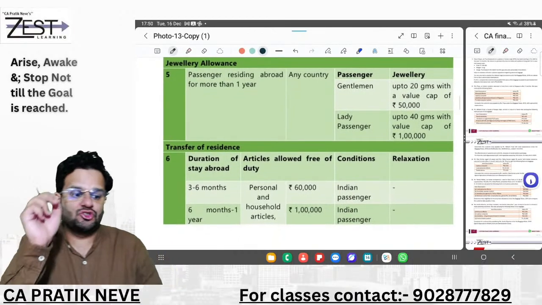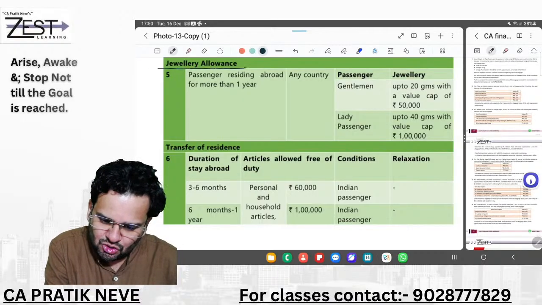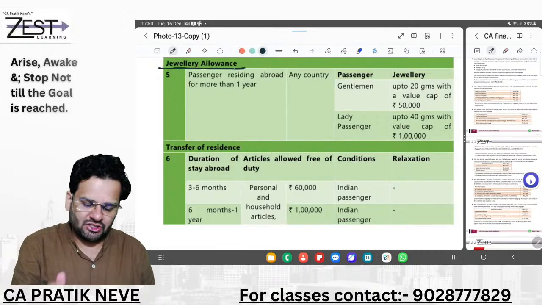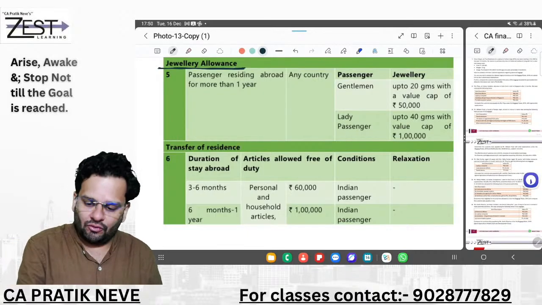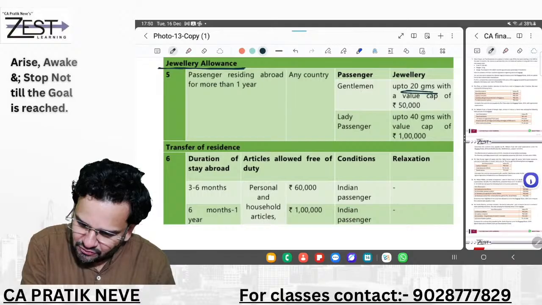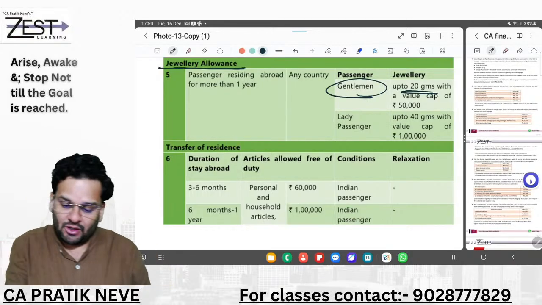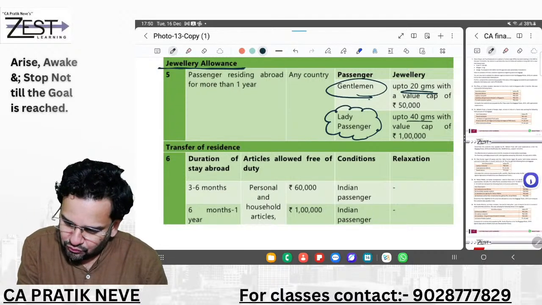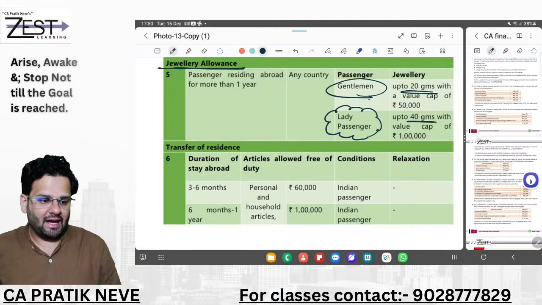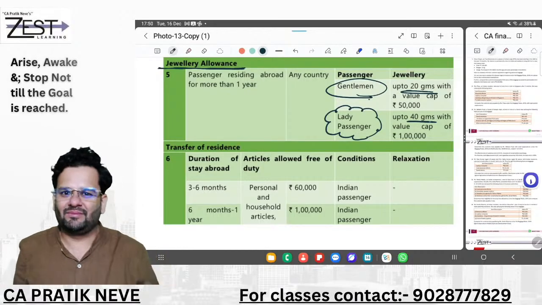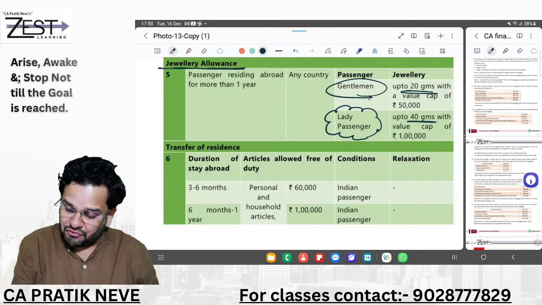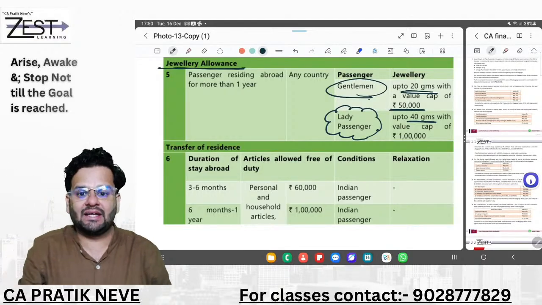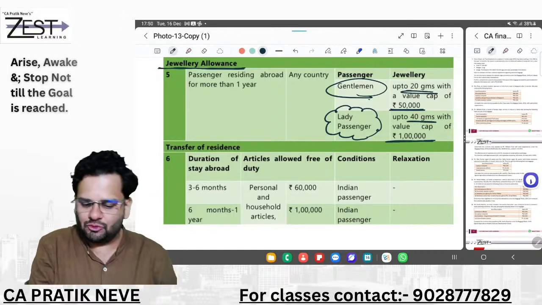And then for any jewelry that you are carrying with you, an allowance is given. How much? An allowance of 20 grams if you are a gentleman passenger. If you are a lady passenger, then it just gets double, that is 40 grams. And there is a value cap also, which is 50,000 rupees, and if you are a lady passenger, again double it, that is 1 lakh rupees.